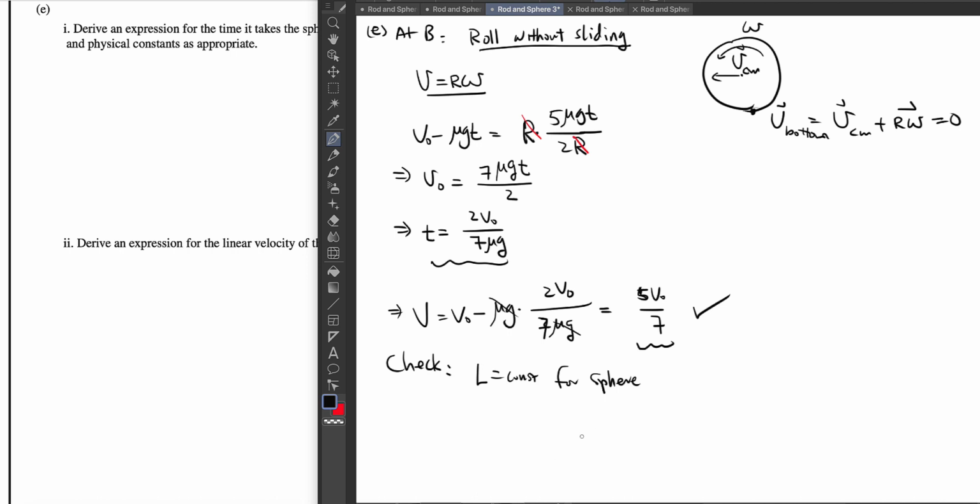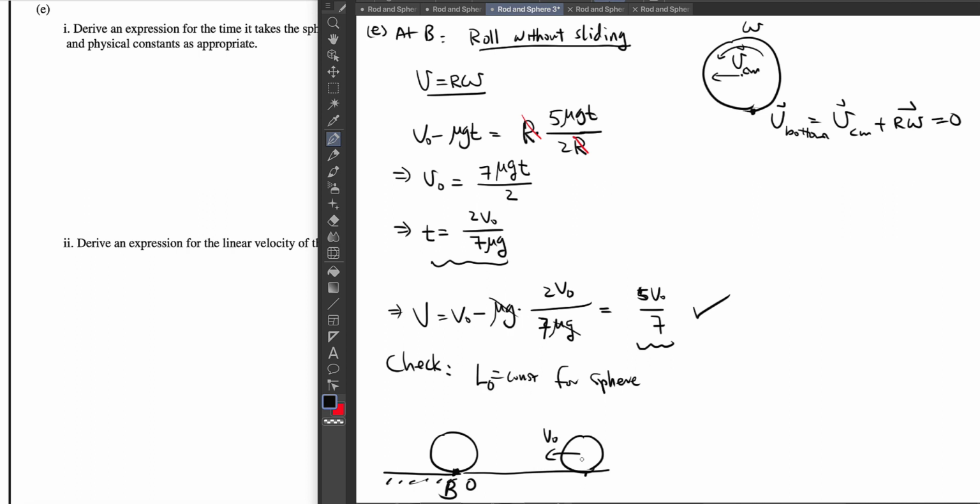Right at the instant after the rod hits the sphere, the sphere has velocity v naught, right? So if I think about the whole process of moving from this position to position B, and I use this point as the rotation axis O, then the angular momentum with respect to O will be a constant.